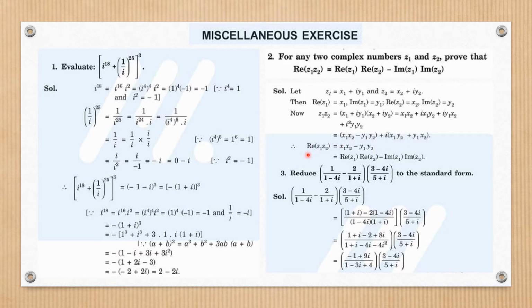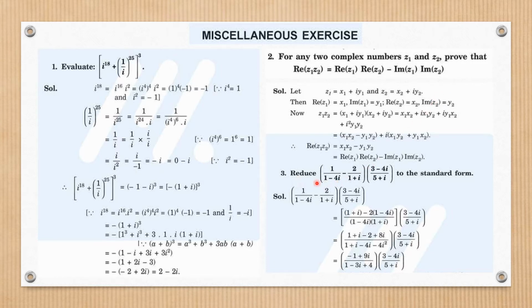Now real part of z1 into z2, what is the real part of this term? This is the real part, so x1 x2 minus y1 y2, right? And shall I say x1 is the real part of z1 and x2 is real part of z2, minus y1 is imaginary part of z1 and y2 is imaginary part of z2, right? So this is how this question can be proved.